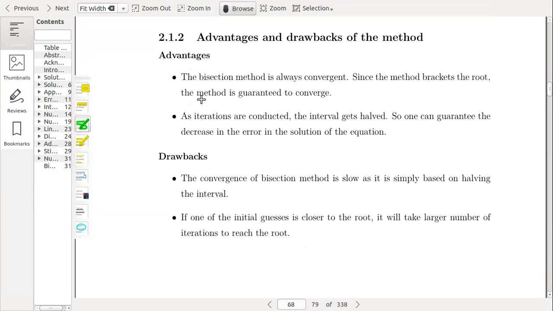First, some advantages of the bisection method: the bisection method is always convergent. Since the method brackets the root, the method is guaranteed to converge. As iterations are conducted, the interval gets halved, so one can guarantee a decrease in the error in the solution of the equation. So those are the advantages of the bisection method.